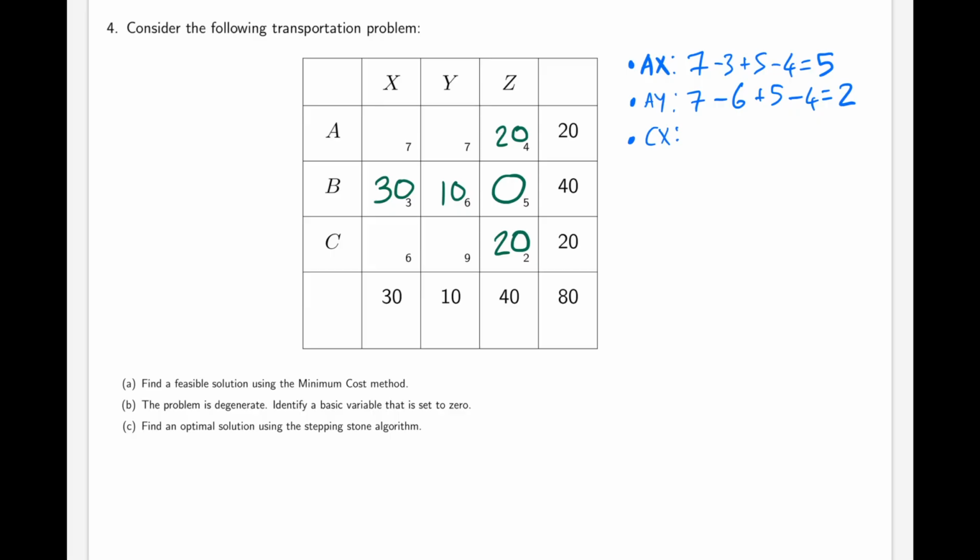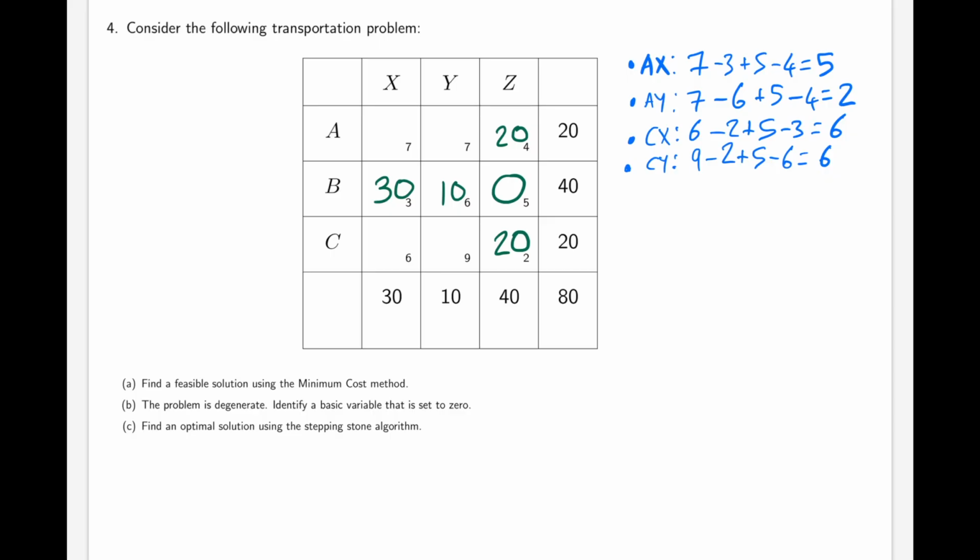And so we will increase CX, decrease CZ, increase BZ, and decrease BX, giving a net unit increase of 6. And finally, CY. The loop for CY will be this. Increase CY, decrease CZ, increase BZ, decrease BY, giving us a net unit cost of 6.